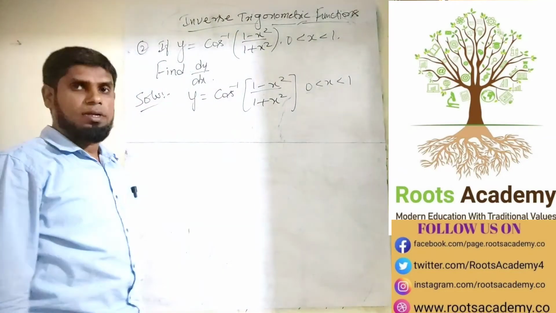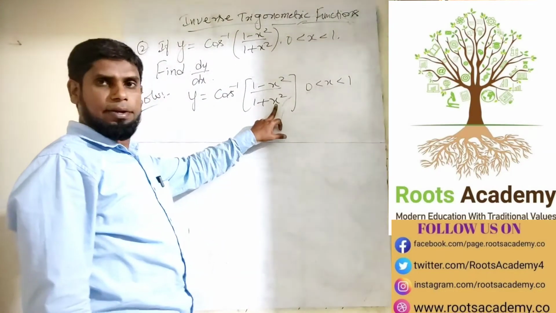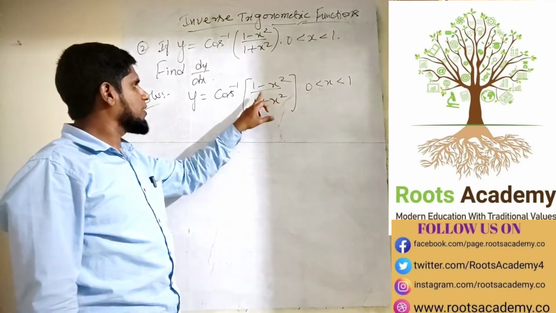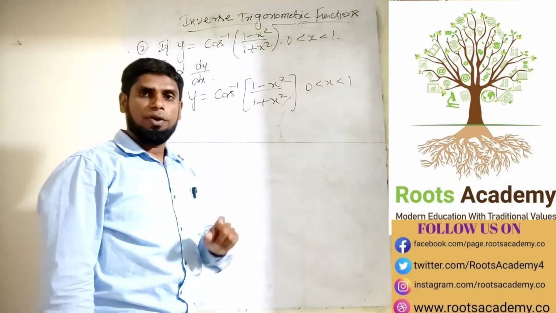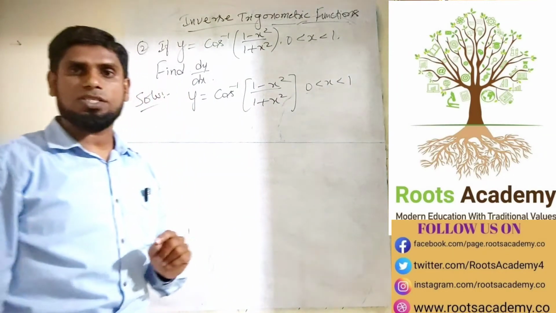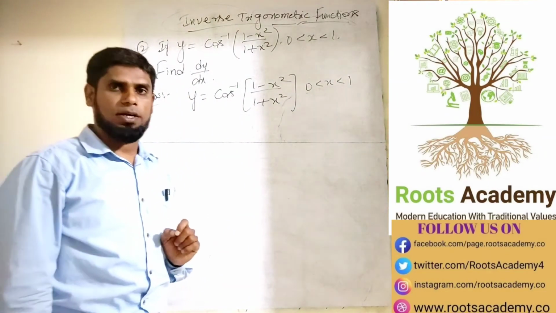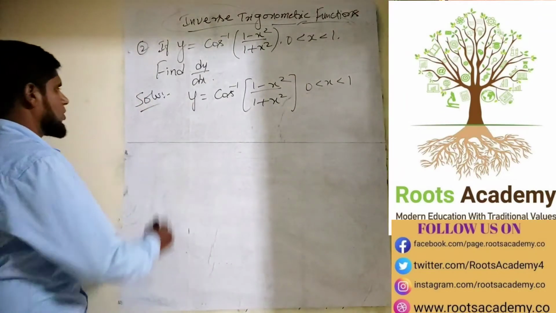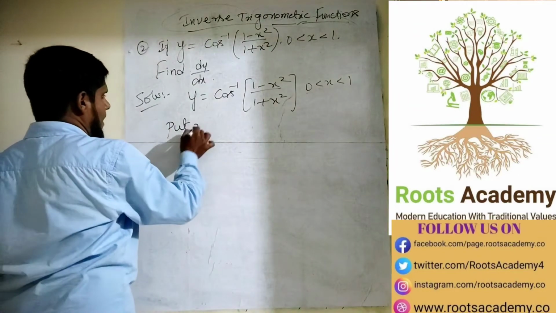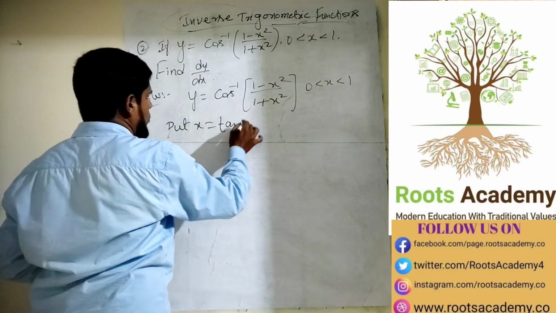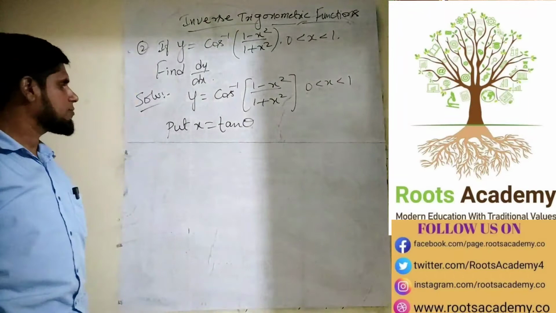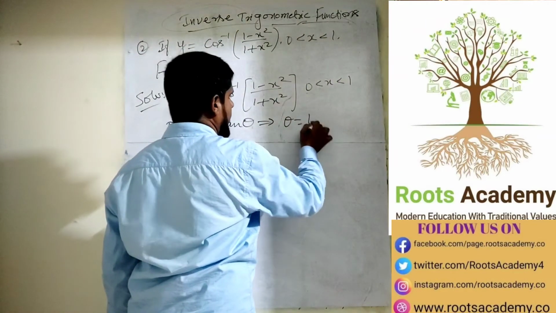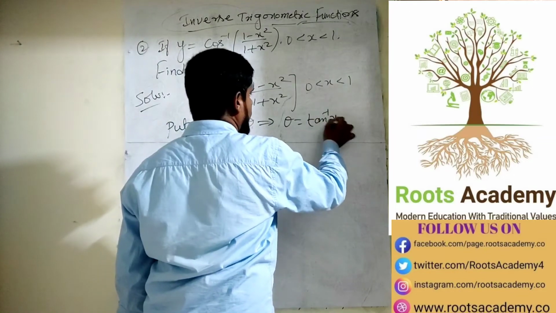Here, I'll put x equals tan theta, because we know that (1 minus tan square) divided by (1 plus tan square) is a formula, the fourth formula of cos 2 theta. So I'll put x equals tan theta, which implies theta equals tan inverse x.